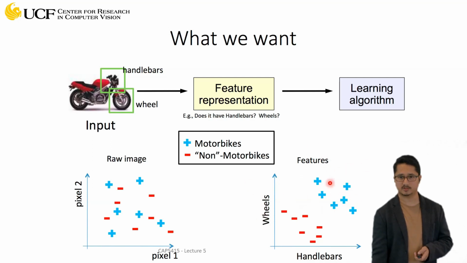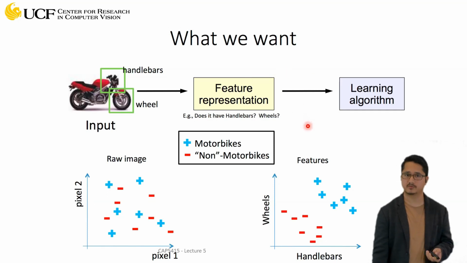So they will fall over here. And then all the negative images won't have handlebars and won't have wheels. You might have cars as well. In that case, your wheels will go way up, right? Because they might have 4 or more wheels here. And again, they won't have handlebars, so they might lie around this region somewhere. But you will be able to differentiate those images of cars or 4-wheelers from your motorcycles.